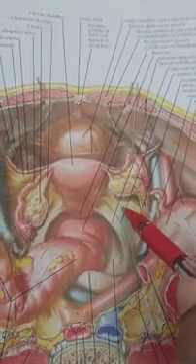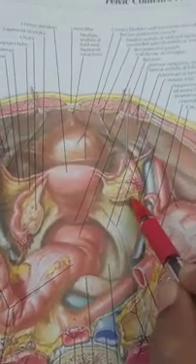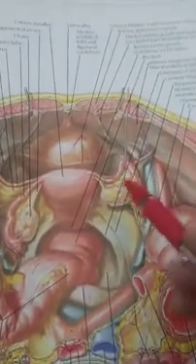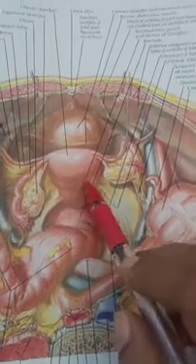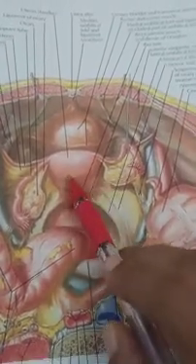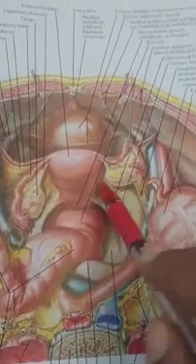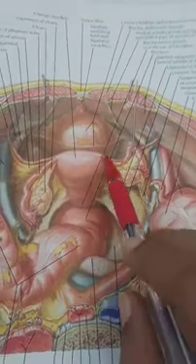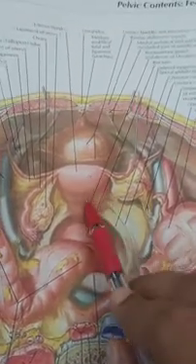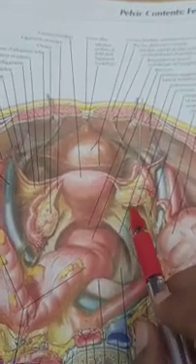It can be seen in the pelvic cavity, but not exactly in the ovarian fossa. That is because during pregnancy the uterus will enlarge. When it enlarges and reaches the abdominal cavity, the ovary also goes along with the uterus. When it comes back after delivery to the normal position, the ovary is not seen in the ovarian fossa.